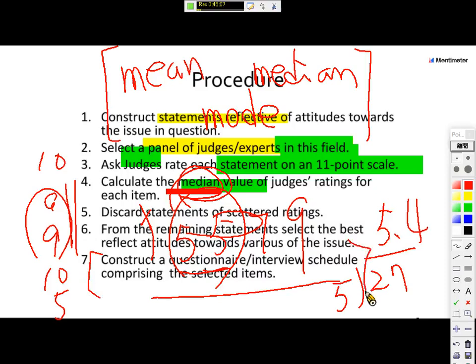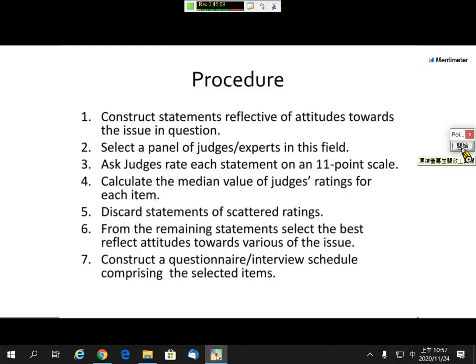That's it. So the procedure for constructing a Thurstone scale is by bringing in a panel of judges or experts. That's it. But as I say, it can be more confusing, because the people you invite to sit on the panel may not be agreed upon by all the experts in the field, right?